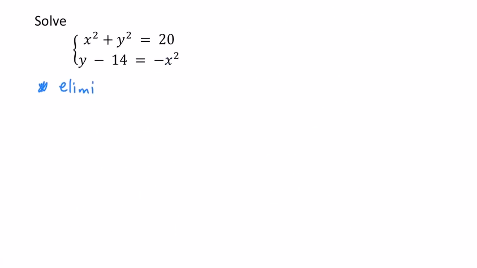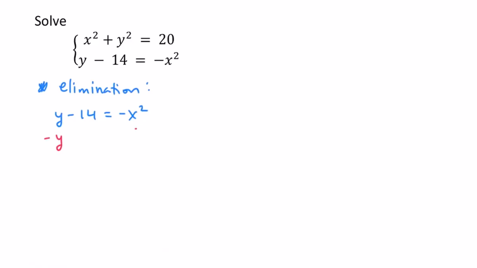The elimination method. So with the elimination method, we need to rearrange this: x with the x, y with the y, number with the number. So x and y to one side, number to the other side. So here, y minus 14 is equal to negative x squared.